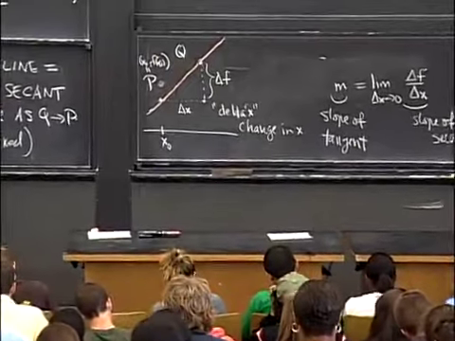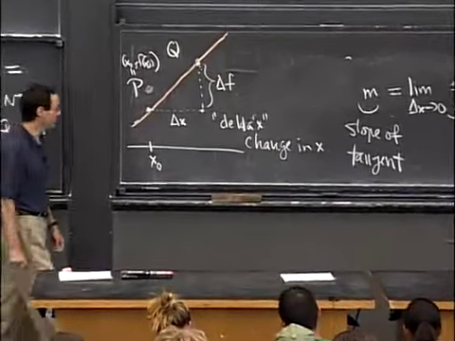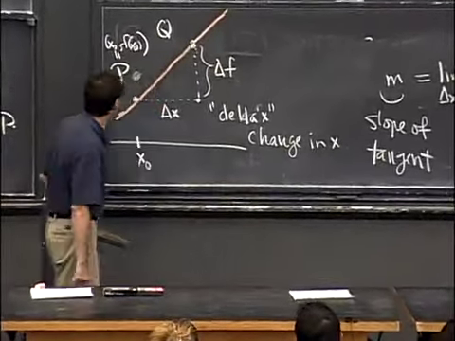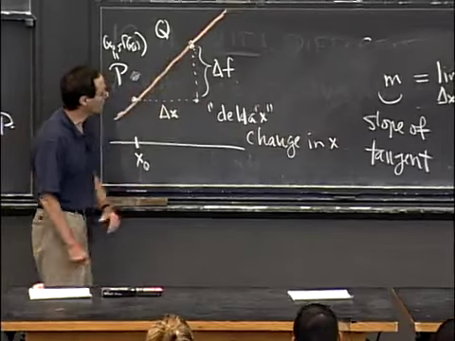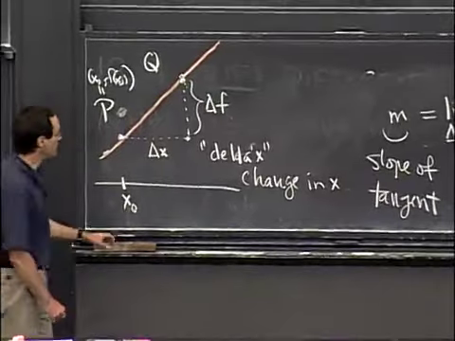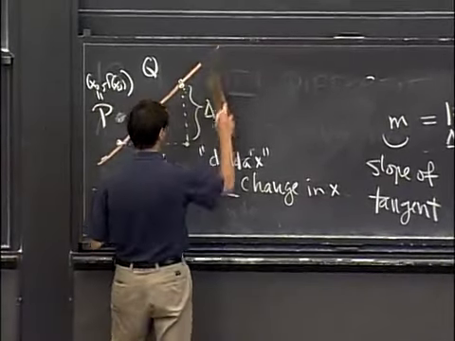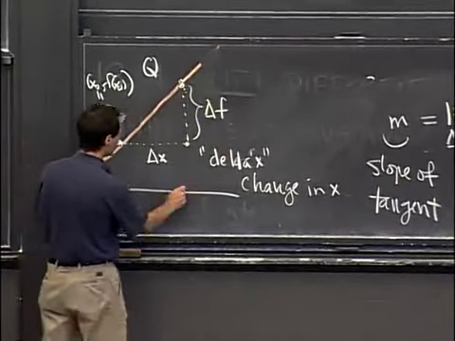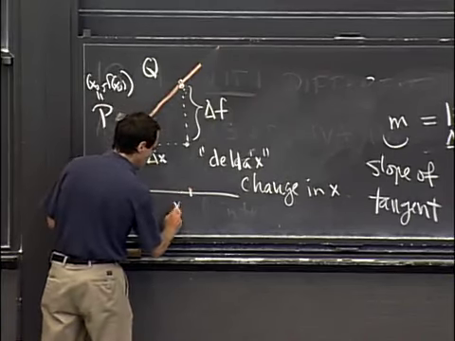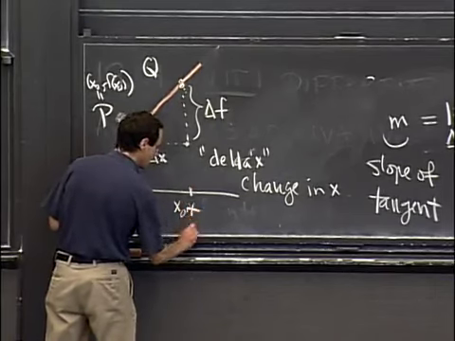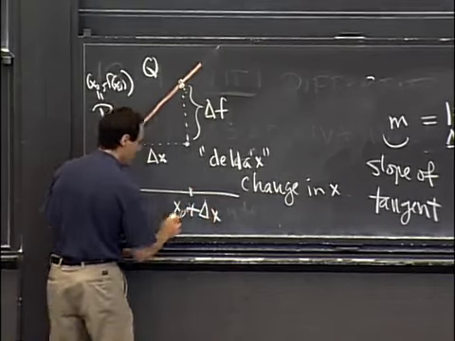So remember that the point P is the point x0, f of x0. All right, that's what we got from our formula for the point. And in order to compute these distances, and in particular the vertical distance here, I'm going to have to get a formula for Q as well. So if this horizontal distance is delta x, then this location is x0 plus delta x.